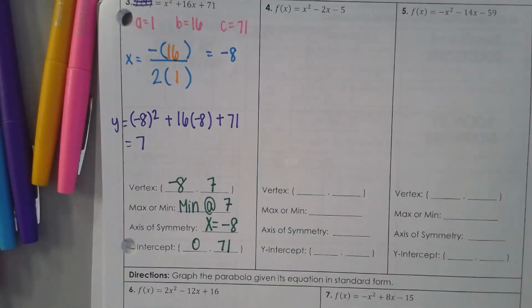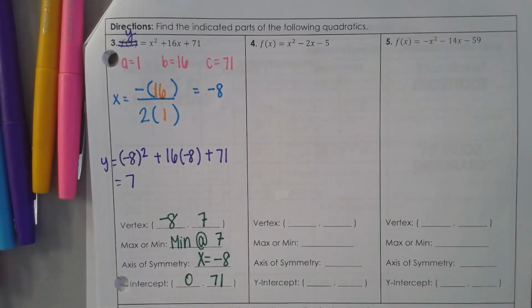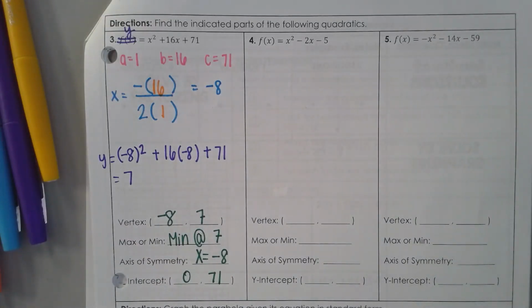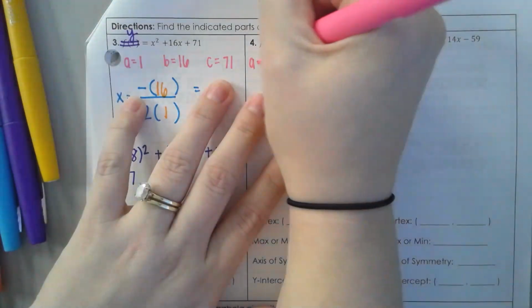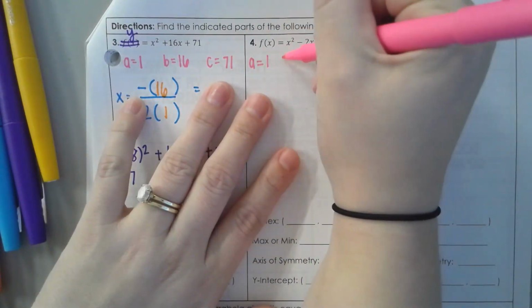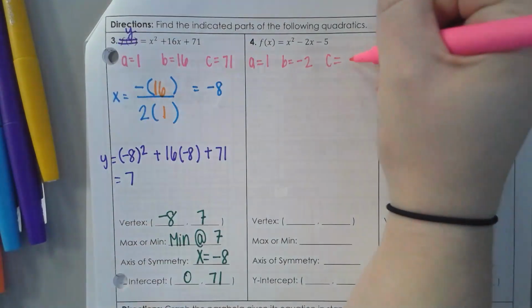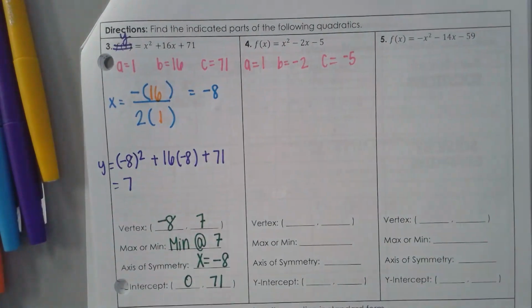Let's do number 4. What is A? 1. B? -2. And C? -5. Good.